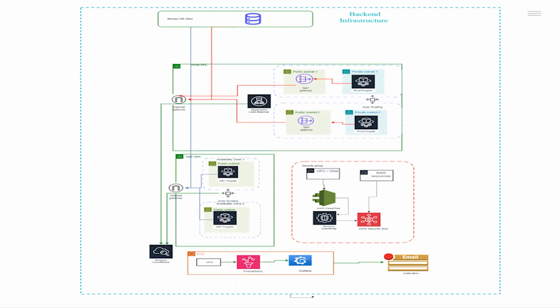We also use EKS to provide scalability for both environments, and it is automatically triggered by the GitHub repo through Jenkins. For monitoring, we use Prometheus and Grafana to check the hosts, and if something happens, it will send an email or Slack notification to our DevOps team, and we can figure it out immediately. So that is the backend infrastructure. Thank you.